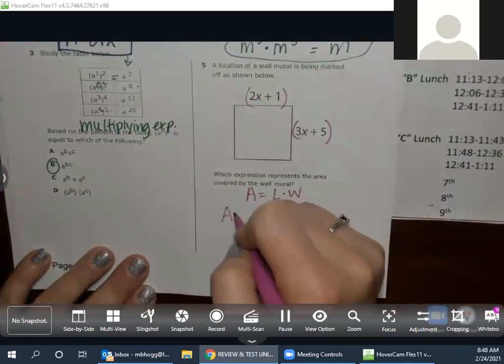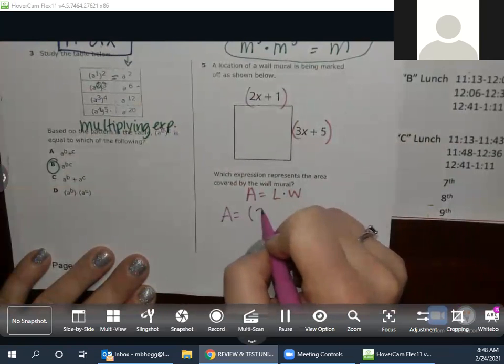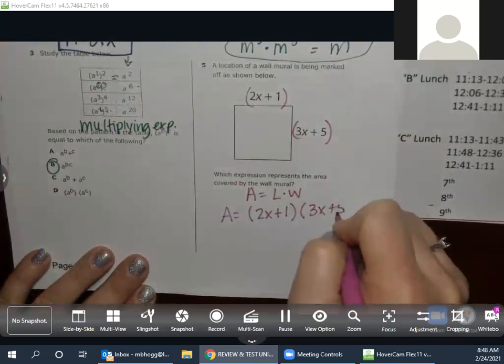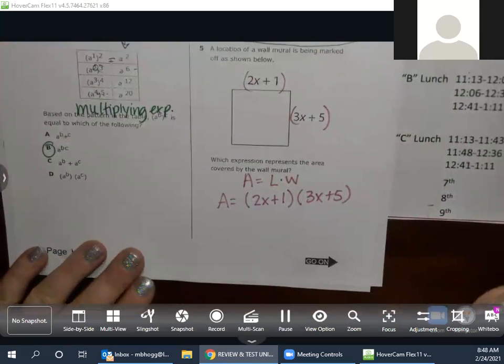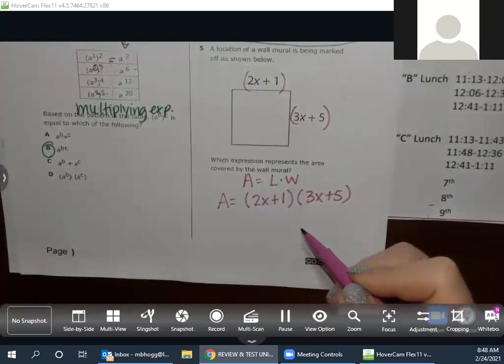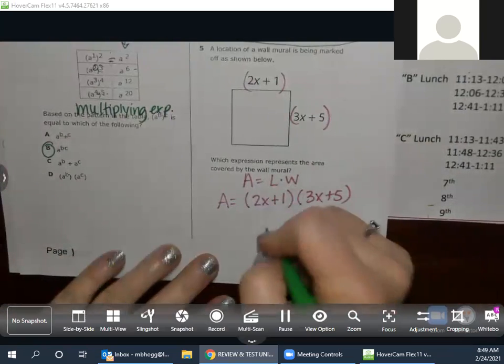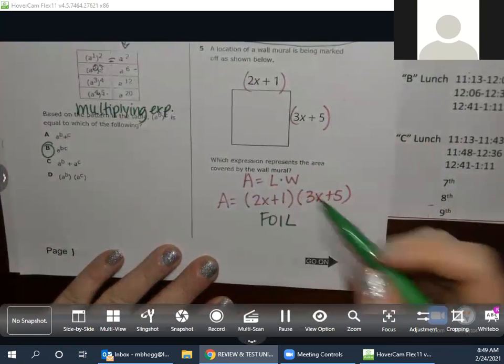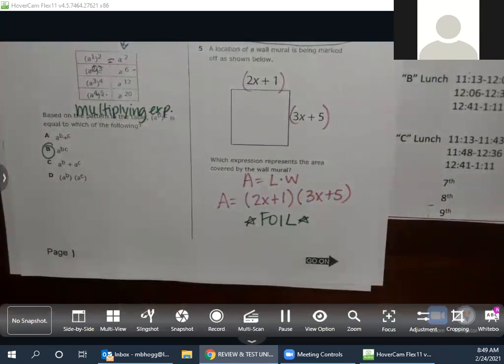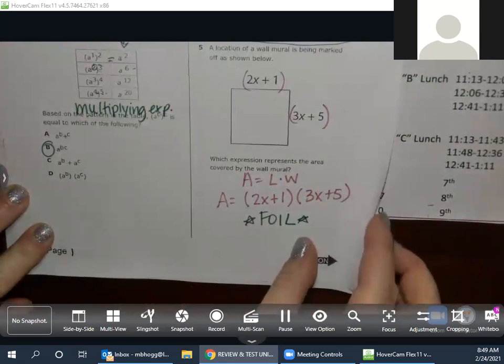So to get the area, you would just multiply them: 2x plus 1 times 3x plus 5. We don't have to answer this one, but how would you answer it? I just want to make sure you see that's 2 binomials that you're multiplying. You would FOIL here if you were going to answer that. Okay, we can go on to the next page.